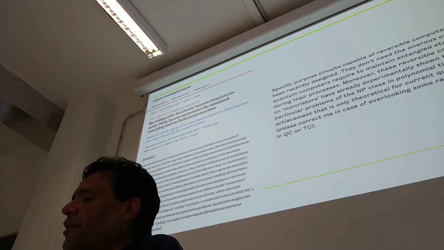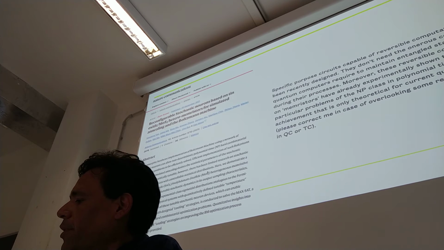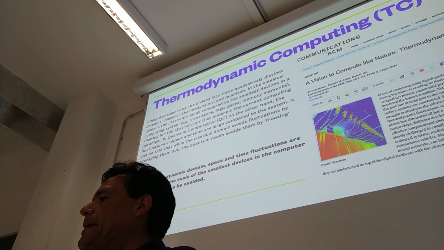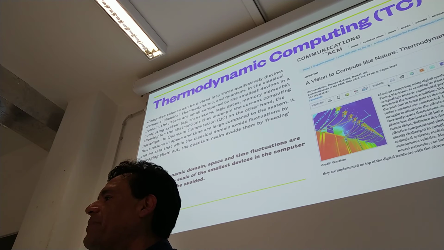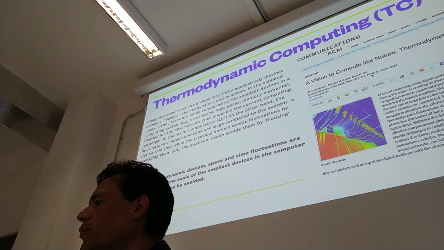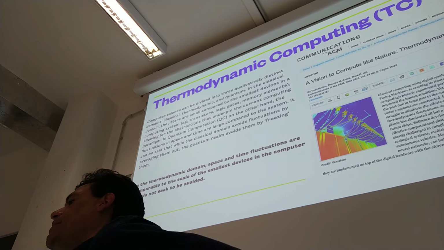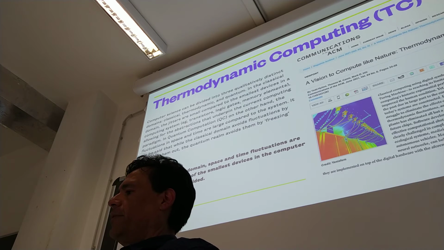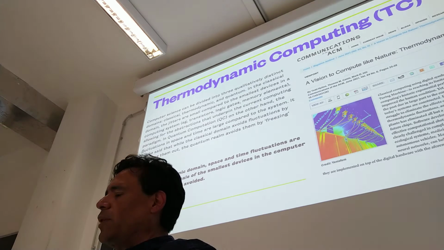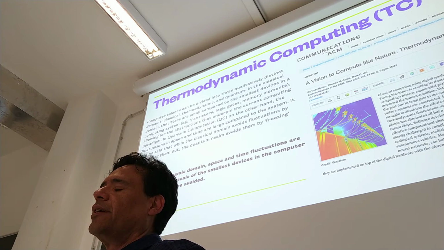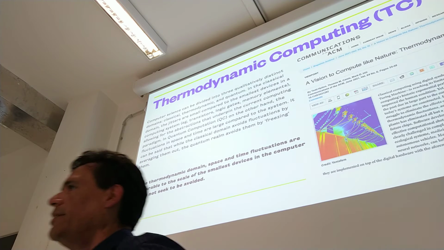But these are special purpose machines. These are just at the very beginning. I'm not sure how they work, but I am aware that this is being done. And there is also a recent statement in the Communications of the ACM, in which the authors talk about the necessity to explore this kind of computation that is similar to, but not the same as, quantum computing.